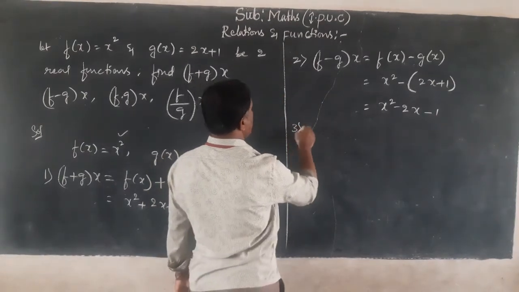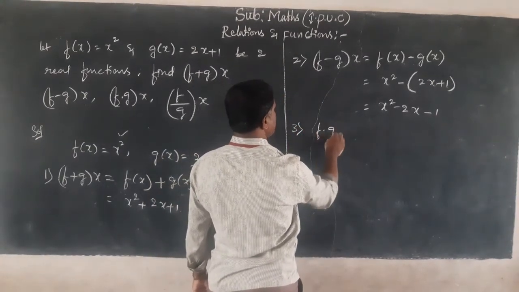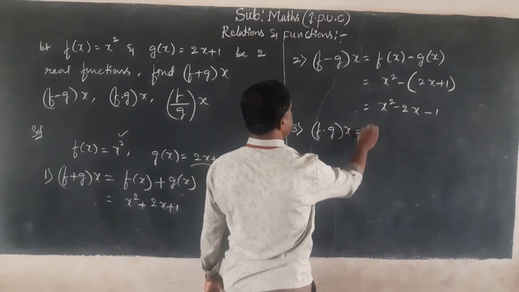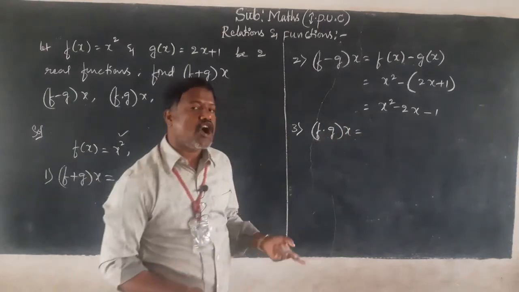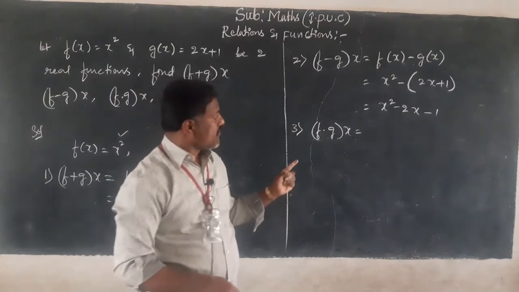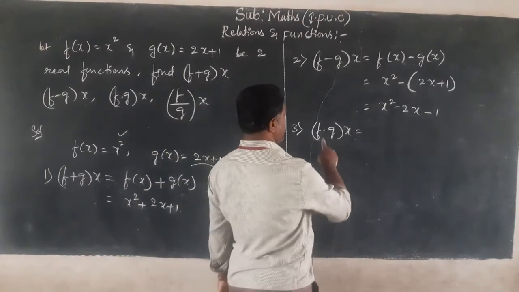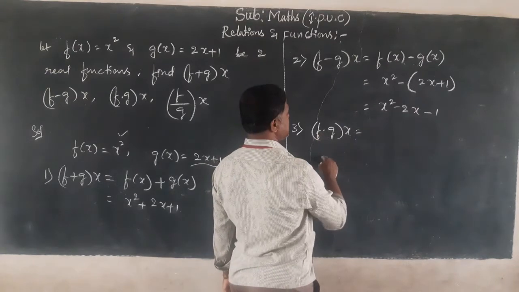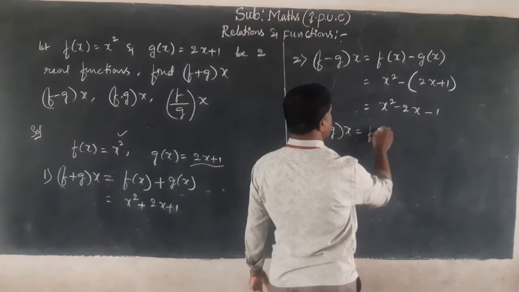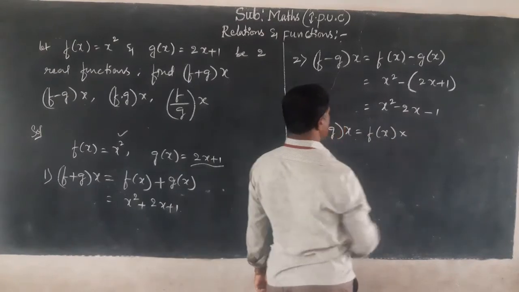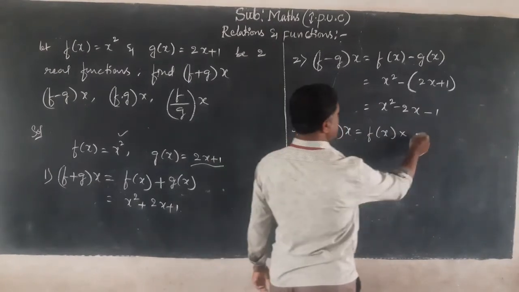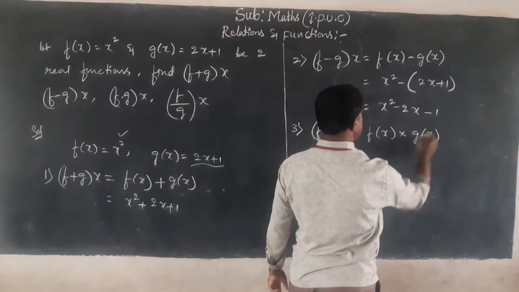Now, let us go for doing f into g of x. That is what we call f into g of x, which is nothing but f of x into g of x.